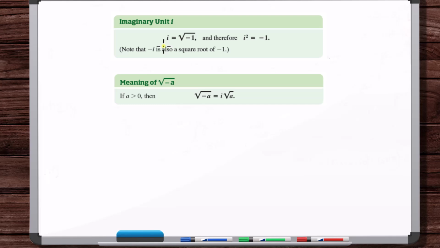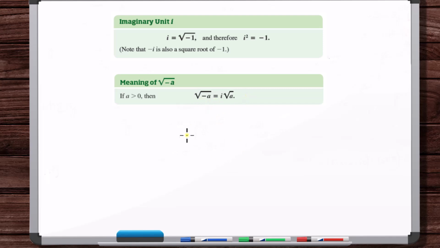And so with that, we can state this property here. Okay? So now that we've invented i, we can state this property that if a is greater than 0, and they're just saying a is greater than 0 because in that case we're going to have a negative number under a principal square root here. That's the whole idea, right? They're just saying, look, we're dealing with a negative number under a principal square root, okay?